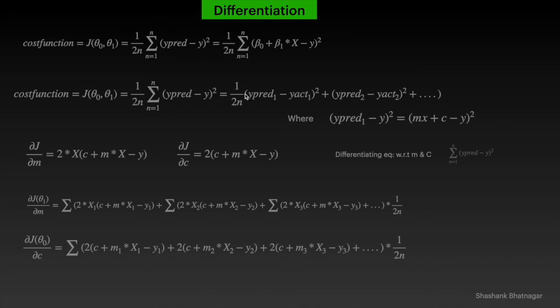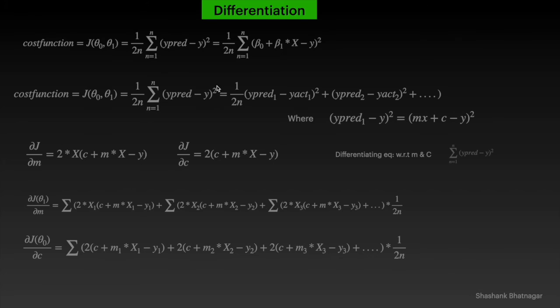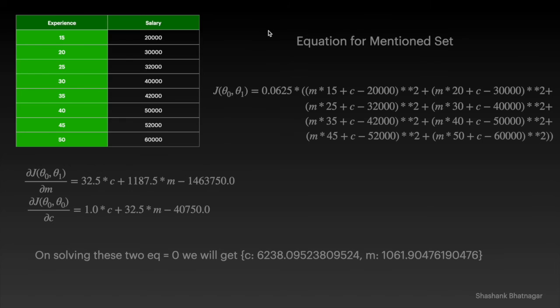This equation can be written for this training example in this form, where (Ypred minus y) whole square, with Ypred equal to mx plus c, and 1 by 2n, where we have 8 examples, so 1 by 16 will be 0.0625.